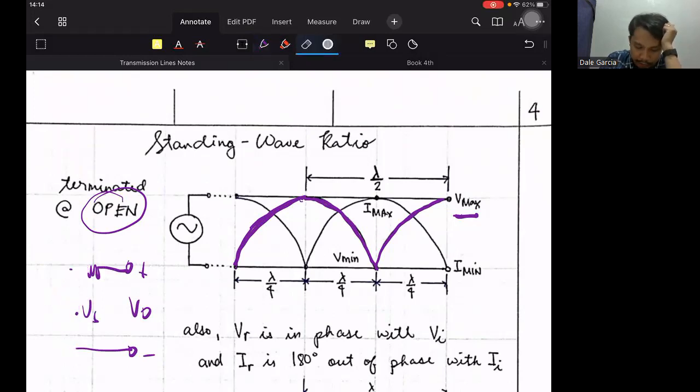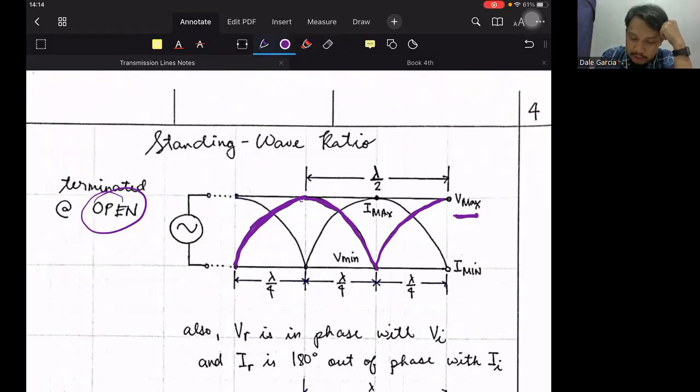Okay. If our transmission line is left open, what we measure as the standing wave at the very end is the maximum value. The current standing wave is the opposite. The current standing wave is 0, or the minimum value.